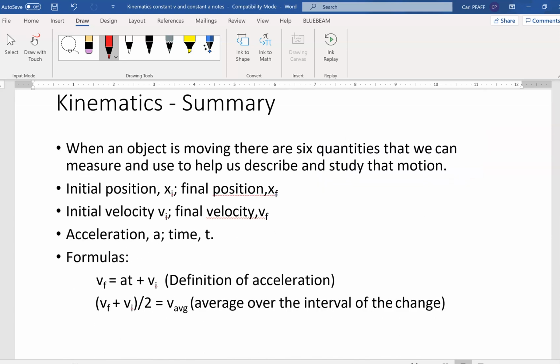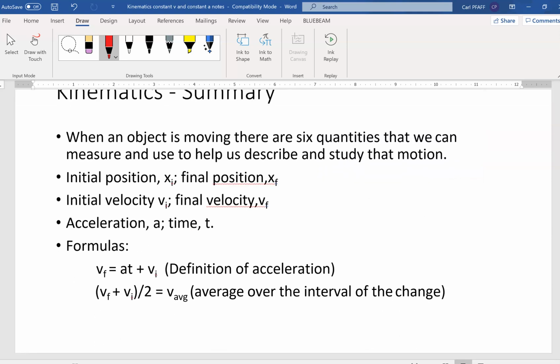So a summary. Whenever an object is moving, there are 6 different things that we can measure to help us describe and study that motion. They are the initial position and final position, where it starts and where it stops, its initial velocity and its final velocity, how fast is it going initially when it starts, and how fast is it going at the end.